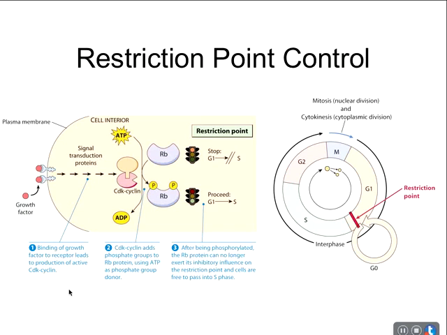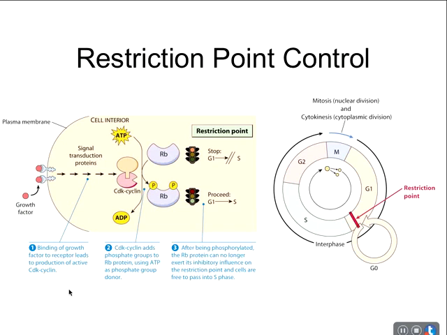Growth factor binds to its receptor, signal transduction. That will go through a signal transduction pathway that eventually activates our cyclin and CDKs. So eventually we have our cyclin and CDKs binding together because of this signal transduction pathway. Usually it's production of the cyclin that changes.